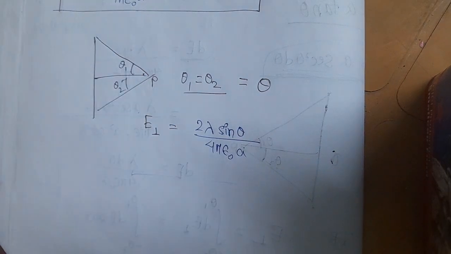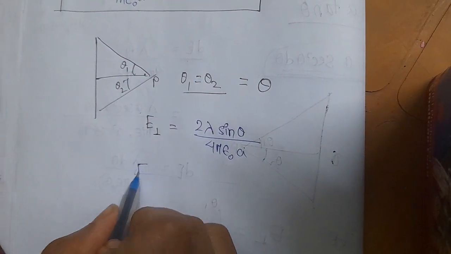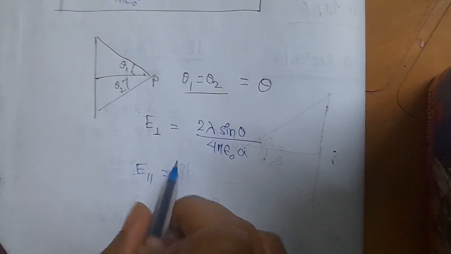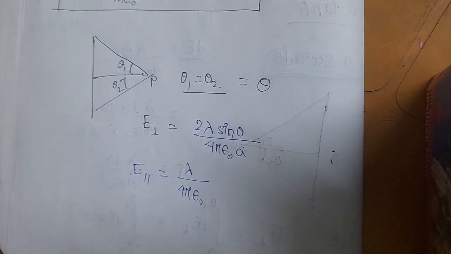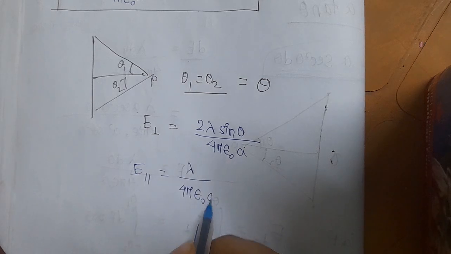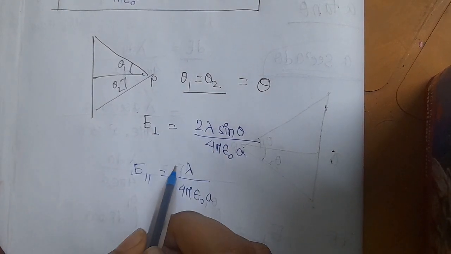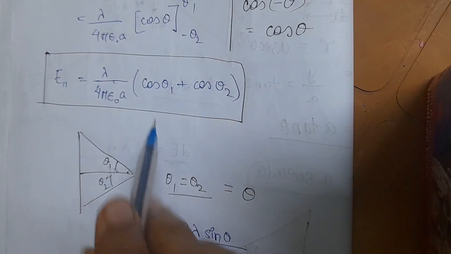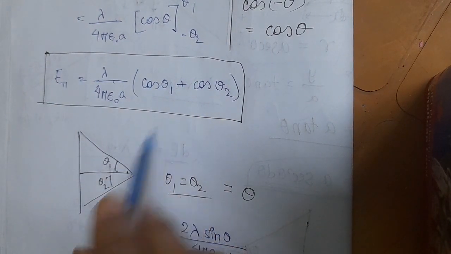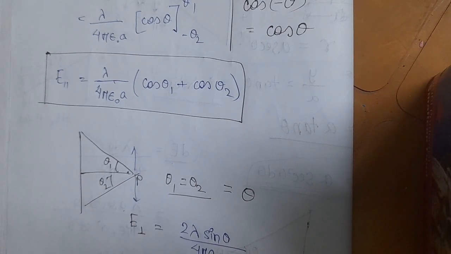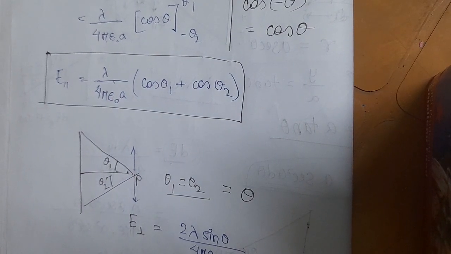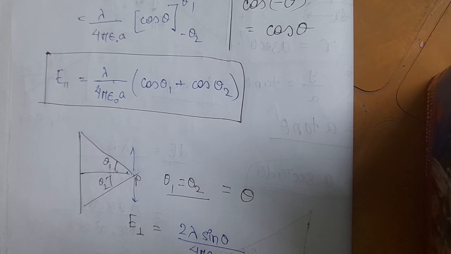E parallel will be equal to lambda over 4 pi epsilon naught a. The E parallel component will get cancelled here, and the E perpendicular component will get added here.